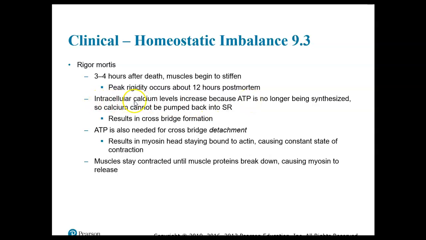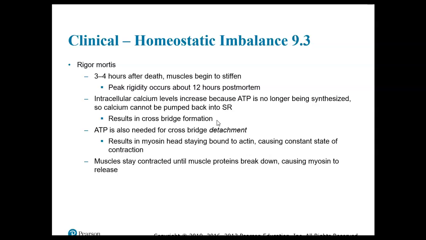And what did we talk about would happen if we had high levels of calcium inside muscle cells? Calcium results in crossbridge formation. Calcium causes the active sites to be exposed on actin, and myosin can now bind to actin and form a crossbridge, leading to a contraction.